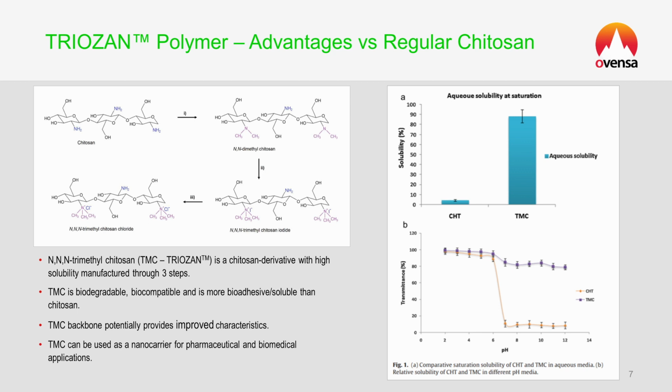We can also control the degree of quaternization of this polymer. Chitosan itself is not very soluble in water, but when we make trimethylchitosan, it is very soluble in water. We have been working with this company for over 4 years now, and there are a lot of companies, besides those using lipids, that want to test this chitosan derivative for delivery of microRNA and messenger RNA, and this is worldwide.